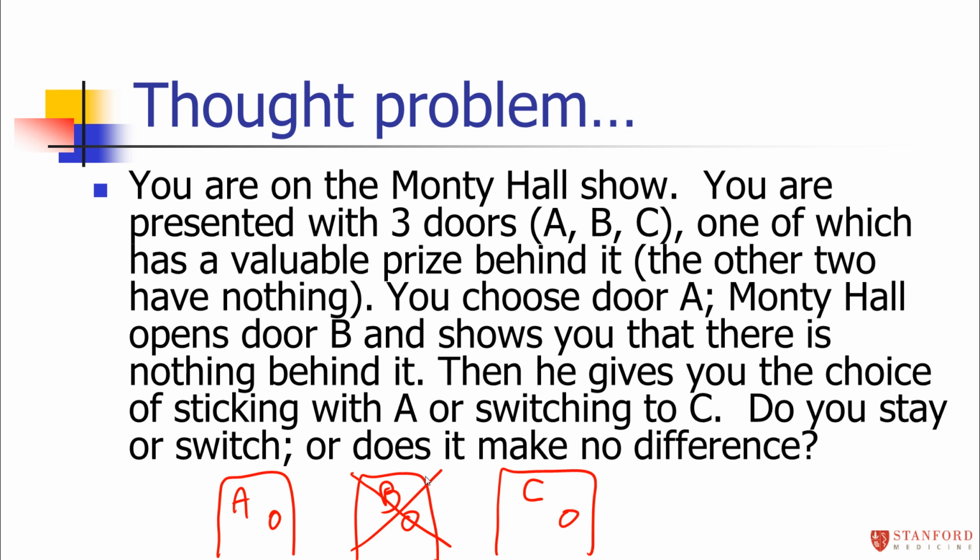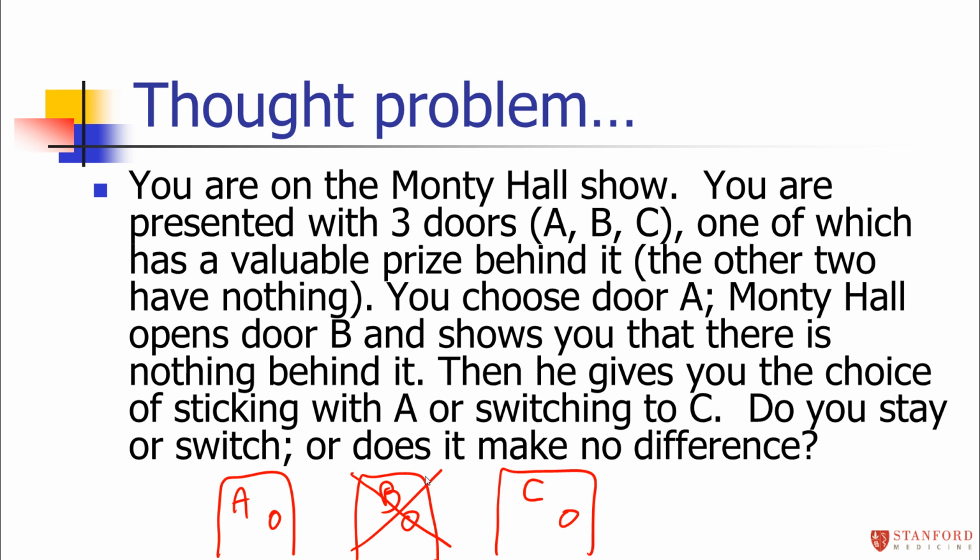In fact, the answer to this problem is that you are much better off switching doors. There's a 2/3 probability at this point that the prize is behind door C, and only a 1/3 probability that the prize is behind door A. This is initially counterintuitive to most people, and I've had to convince a lot of people that it's true.